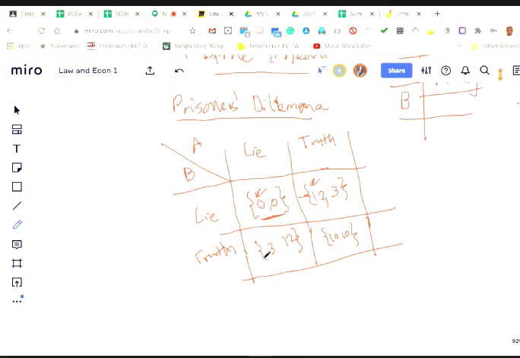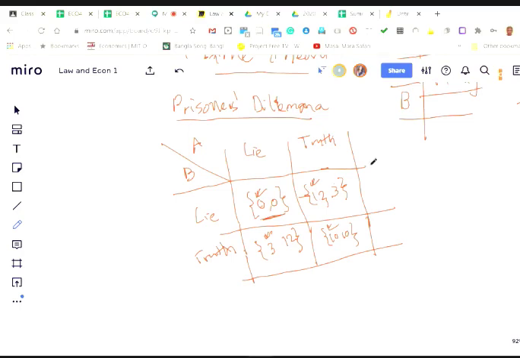For telling the truth, the choice is 0 versus 3, so 0 is still a better choice. Agree or disagree? If you look at this comparison, 0 versus 3, 0 versus 12, and 0 versus 10, you find out the best choice is to lie. And this is true for both of them, which means in this particular case, both of them lie.